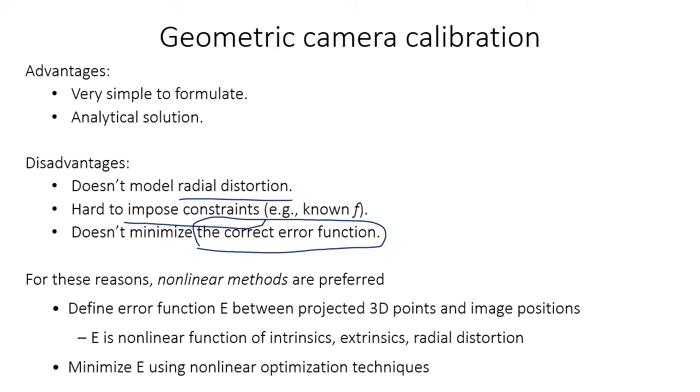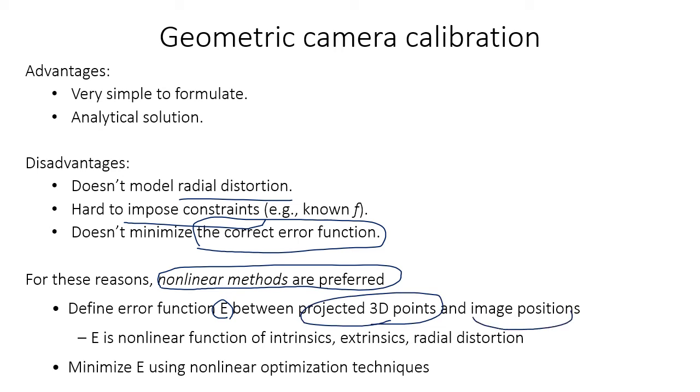For these reasons, non-linear methods are also used. So we can define an error function E between the projected 3D point and the real image position. Then this E becomes a non-linear function of intrinsics and extrinsics, and also radial distortion.